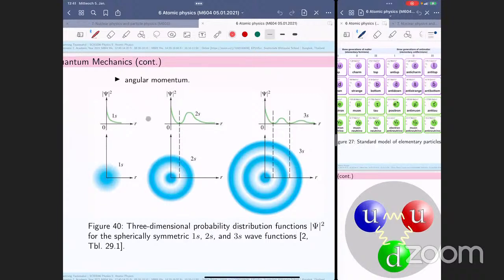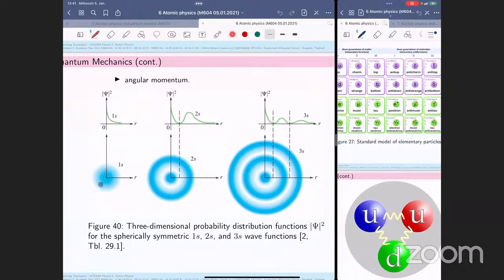And for the 1s, when n is equal to 1, the principal quantum number is equal to 1, and L is equal to 0, which is denoted by S. In that orbit, we could see only the density.